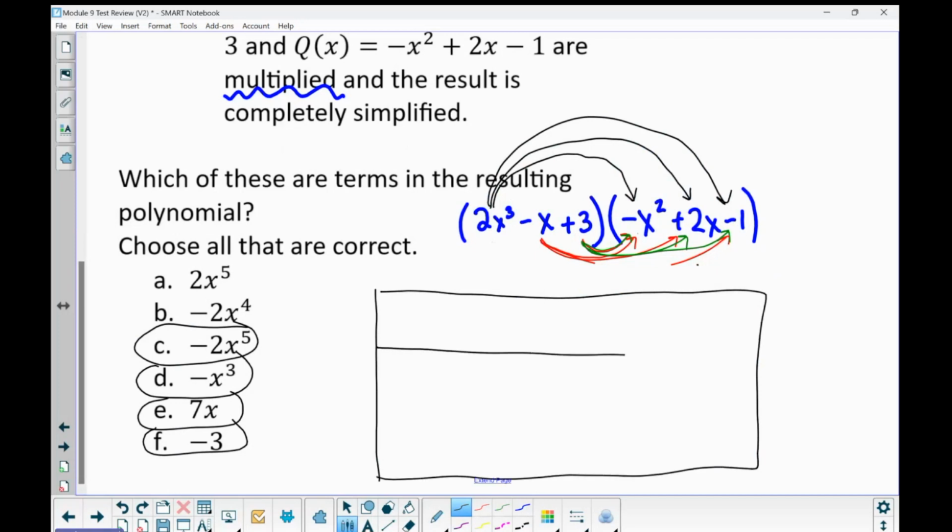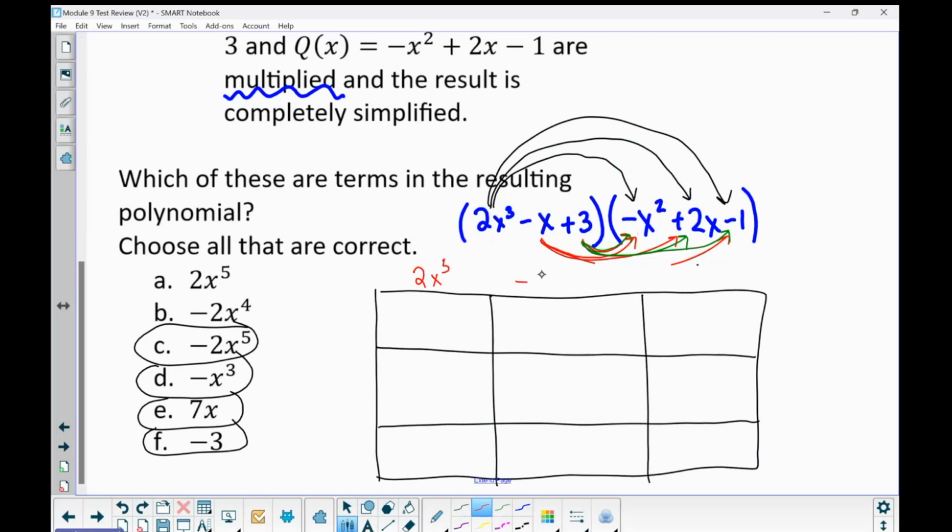So I'm going to start by placing one trinomial on each side, making sure to keep my negatives negative, positives positive. And again, it's the same process. Now I'm going to multiply each one.